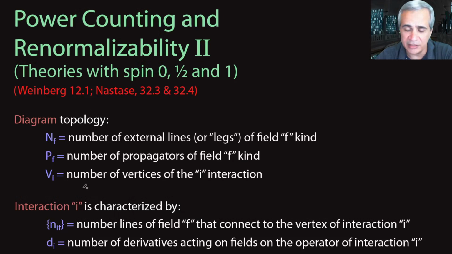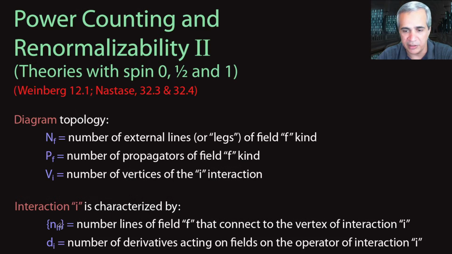Also, the interactions will be characterized by a few numbers. Given one particular interaction in my Lagrangian, I have to say what kinds of fields are involved in that interaction, and that will enter through a set of numbers which I'll call n_if.